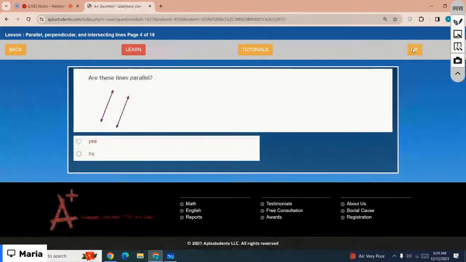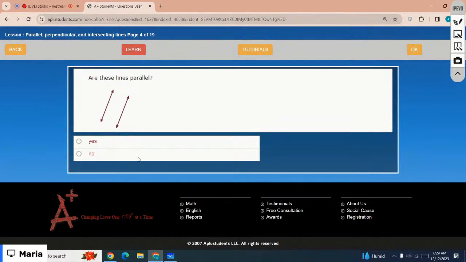Are these lines parallel? Which is the correct option? Yes, they are parallel lines.